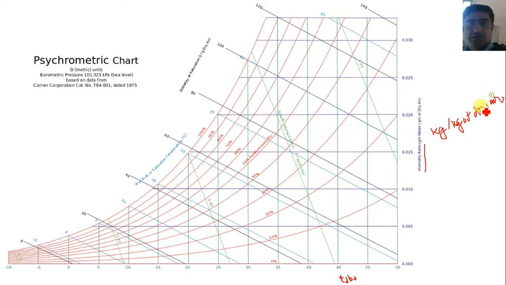So all the horizontal lines indicate the value of humidity ratio, or the specific humidity, in kg per kg of dry air.